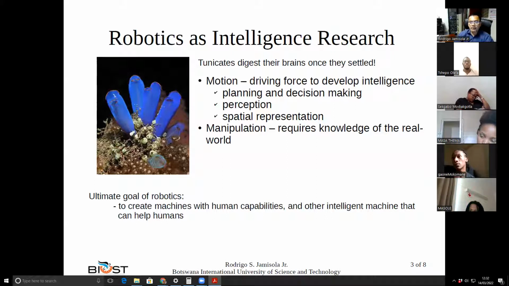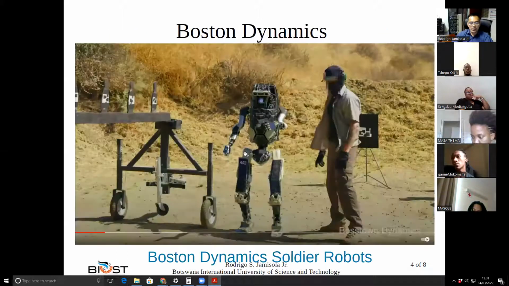So if you have a robot maid, then it doesn't have any emotion. It will just do things no matter what you ask it to do. And other intelligent machines that can help humans. Not just robots with human capabilities, but also other machines that will be able to help humans. That is what we consider the ultimate goal of robotics.